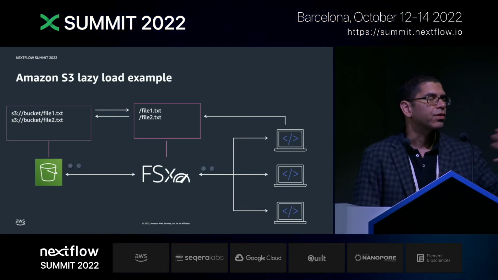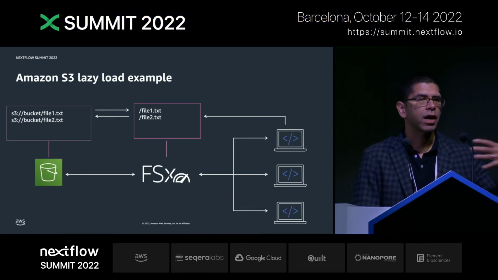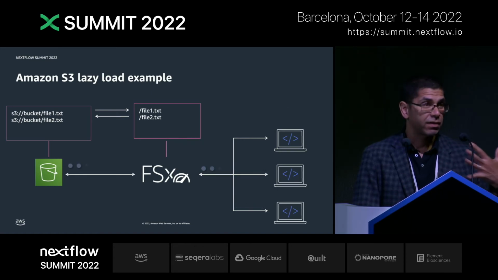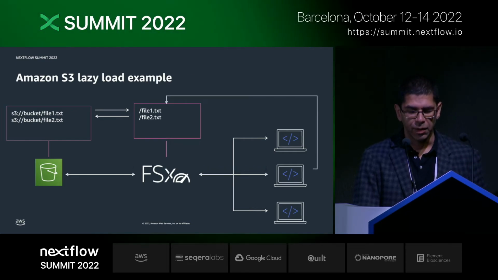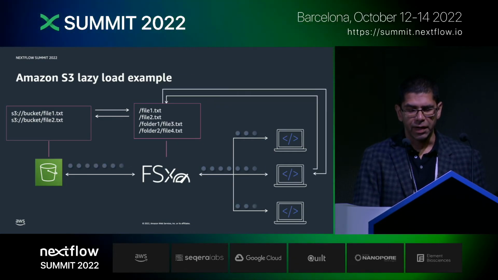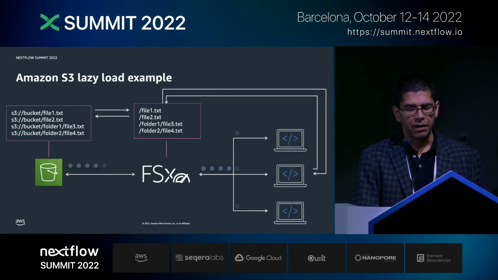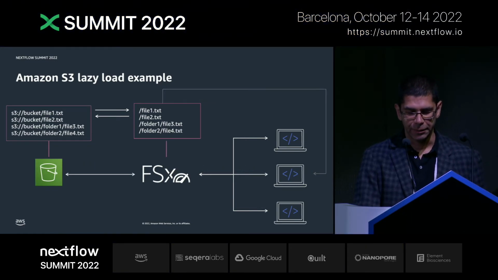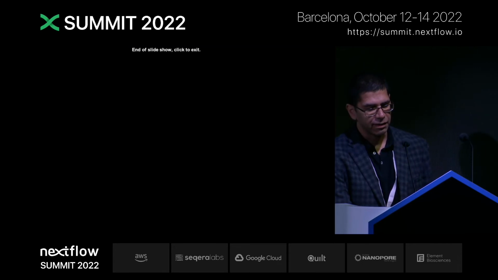So it's doing a first pull. Any subsequent pulls will come from the POSIX file system, which is pretty cool. But that's not all. This is a Lustre feature that is being inherited. Once you start writing your data back out to that file system, it'll show up in S3 transparently, which is really nice, right? So in and of itself, that's pretty cool.